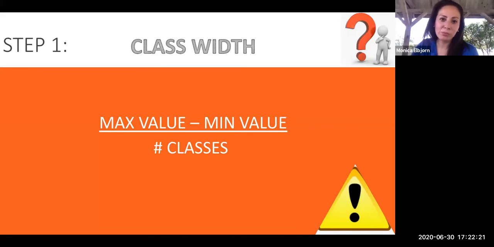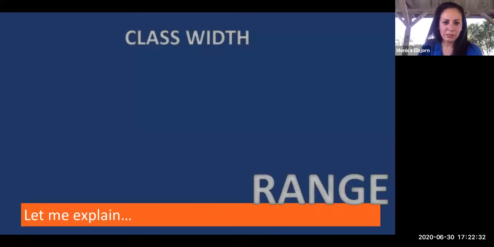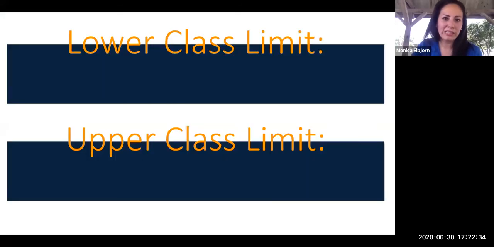So this is the most important part. You want to start with your class width. Between classes, we're going to have a lower class limit and an upper class limit. So what do you mean by lower class limit and upper class limit?